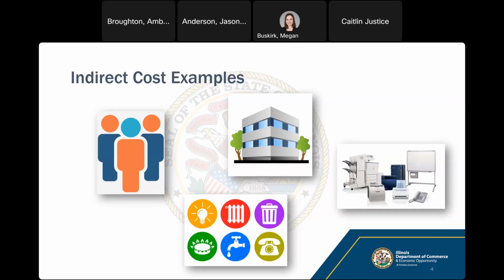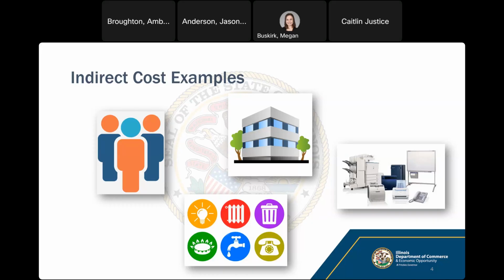According to 2 CFR Part 200.1, indirect costs means those costs incurred for a common or joint purpose benefiting more than one cost objective and not readily assignable to the cost objective specifically benefited without effort disproportionate to the results achieved.